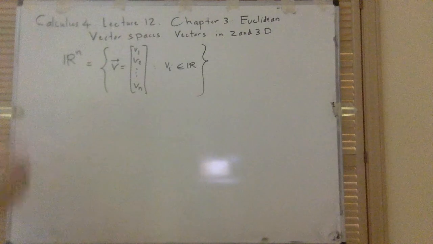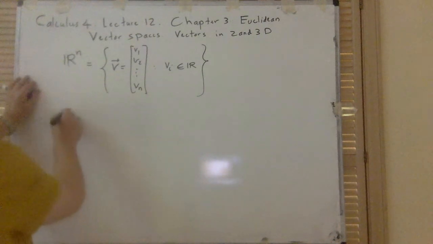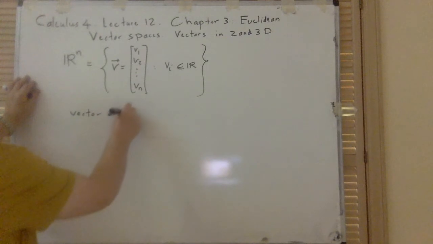Okay, so n by 1 matrices, or n-vectors, whatever we call them, that is Rn. And how do we define addition, or vector addition? The same way.